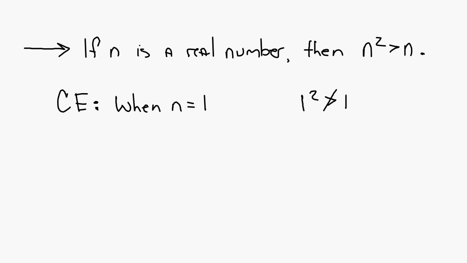So there's your counterexample to this conjecture. To make that conjecture true, it would have to be greater than or equal to. So understand those 3 terms from that section, and that's about it.